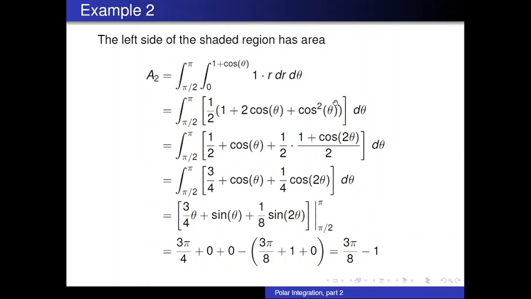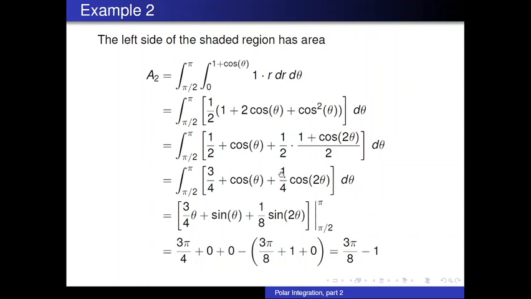And, oh my gosh, this half angle identity is here again. And notice here we also are multiplying everything by a half because we have 1/2 r squared for our integral. So I'm just going to multiply everything through by a half and invoke the half angle identity as well. So we get 1/2 plus cosine of theta plus 1/2 times 1 plus cosine of 2 theta all over 2.